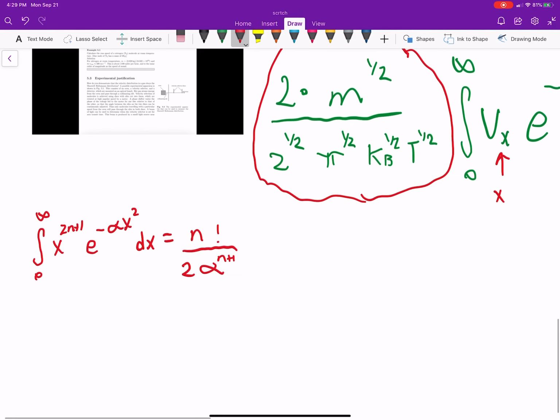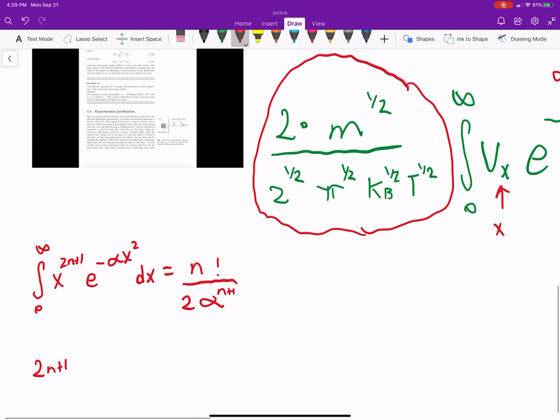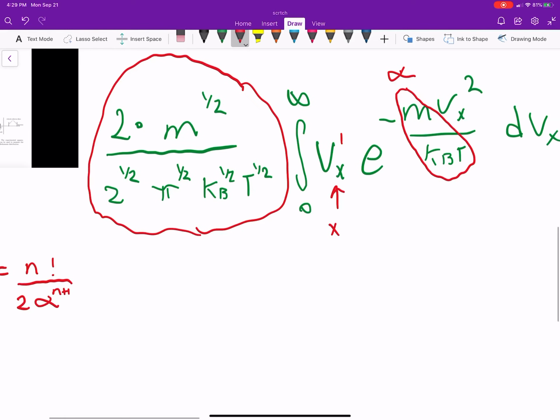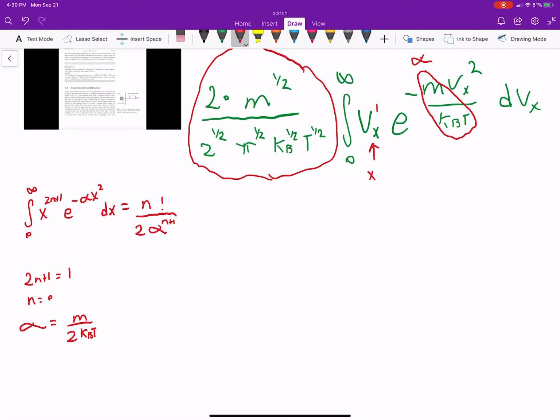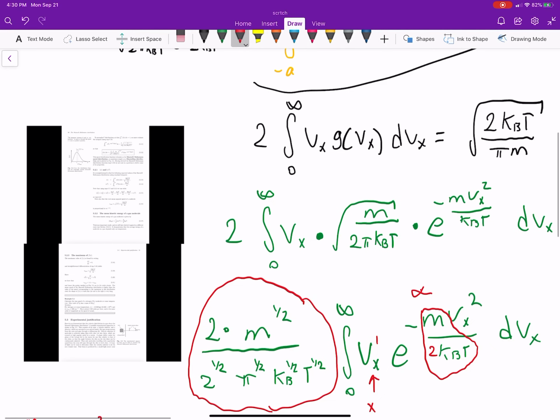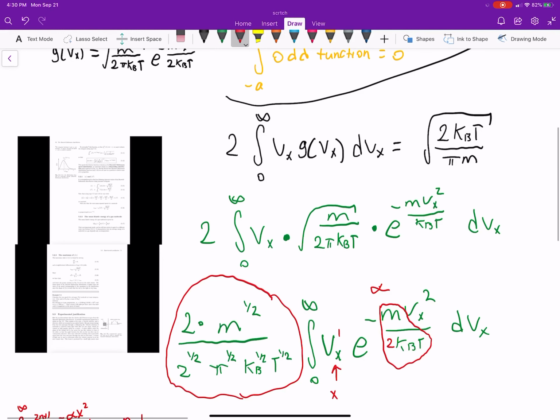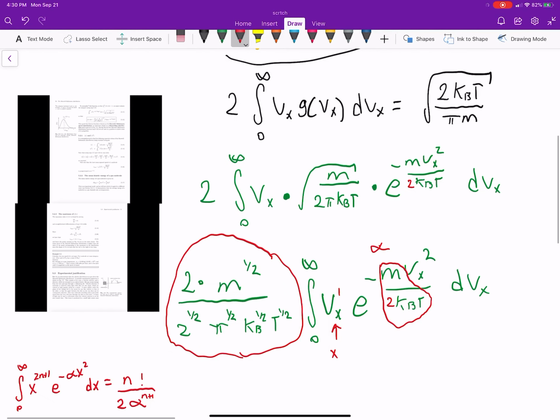So, if that's the case, 2n plus 1 must equal 1, since that's the power of our x. Or just n equals 0, which is fine. And again, alpha is going to be our m over 2 kBT. Forgot to put a 2 in here. There we go. Okay.